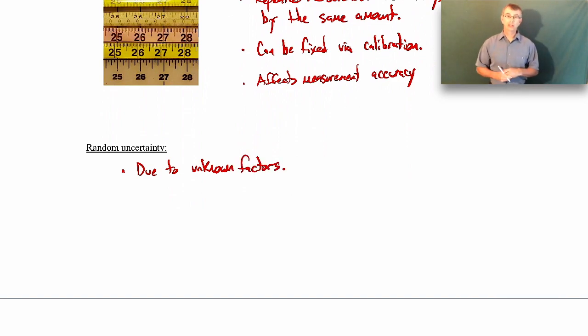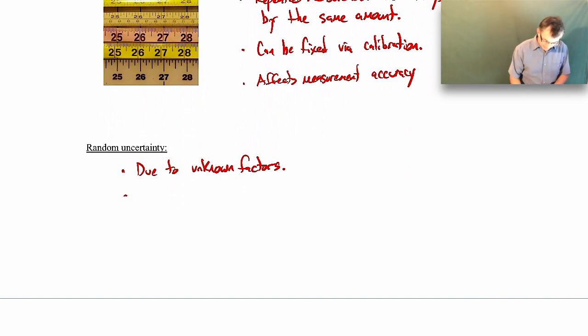When we make the measurement, it's not the true value, and we don't know why. It's just some sort of an effect that we can't really figure out. If we could figure it out, we could remove that unknown effect. Since it's random, we just don't really know. And so we can't systematically remove random errors. We just don't know what's causing them.